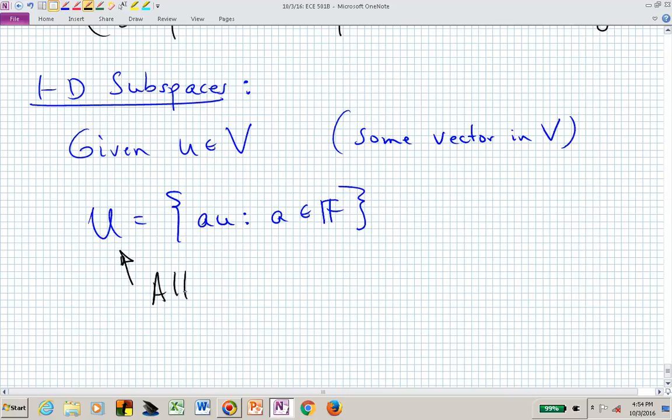This subspace U is all scalar multiples of u.